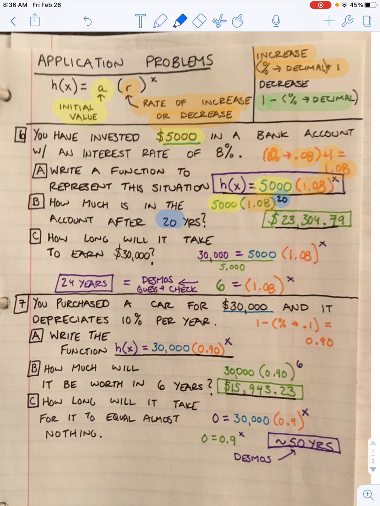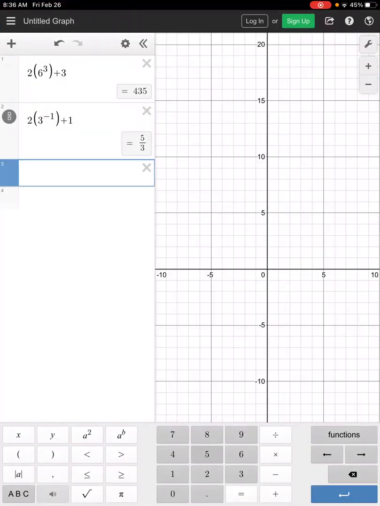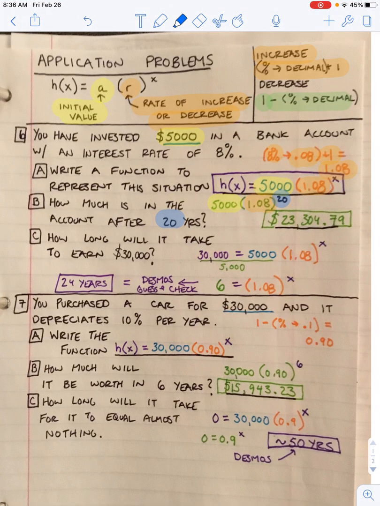So let's go ahead and do that in decimals. So we had $5,000 times 1.08 raised to the 20th. And we have our answer of $23,304.79. And that is what we have right here.